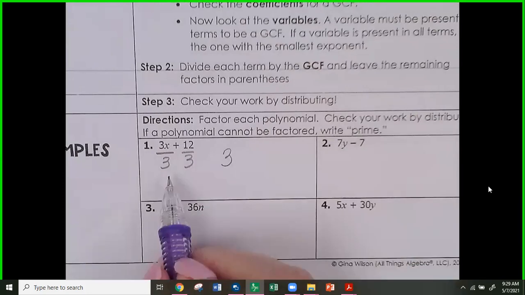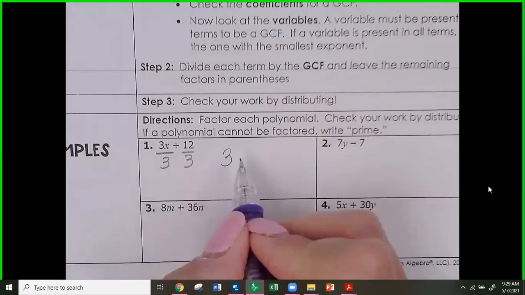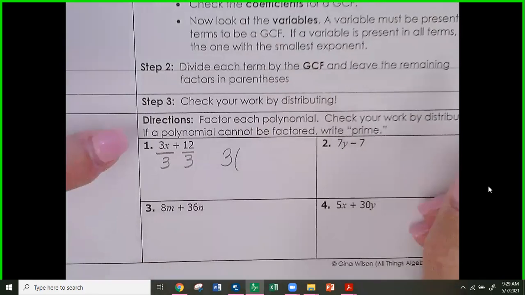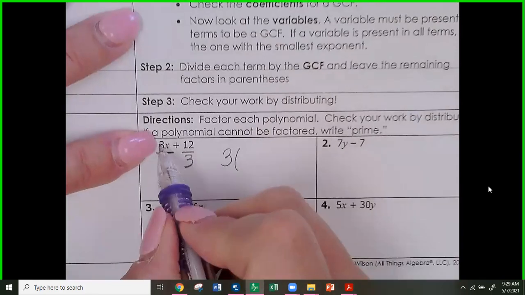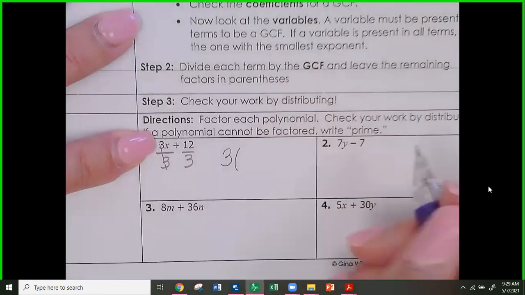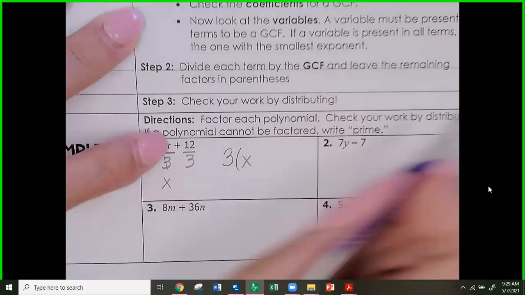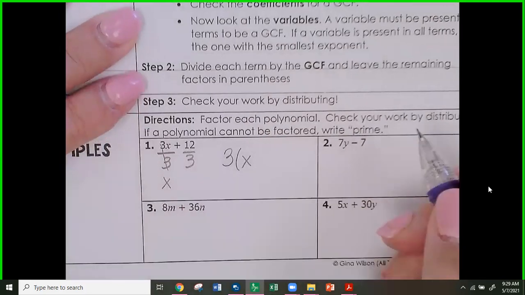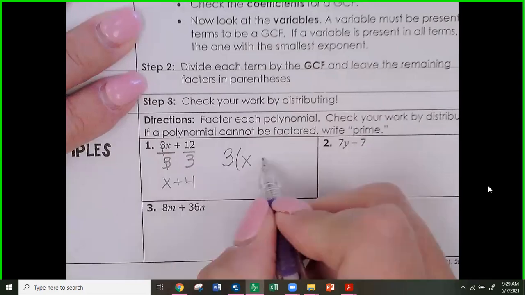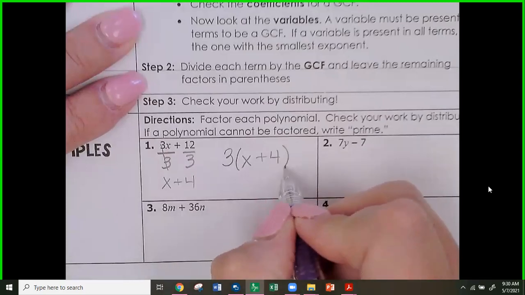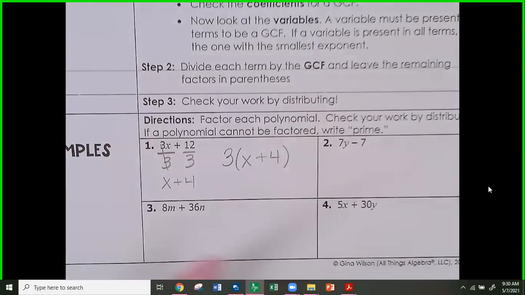It was the greatest common factor times, and now I'm going to work this out. What's 3x divided by 3? We just get x. And what's 12 divided by 3?